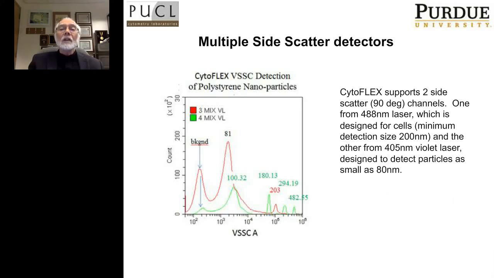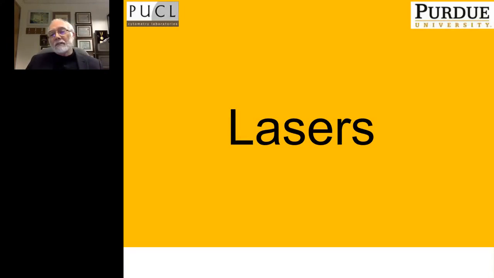But the point that I want to make is that you can actually measure side scatter simultaneously from each of those lasers in a very, very simple way. And because of the ease of measuring it, this I think is one of the interesting advantages of the CytoFLEX.